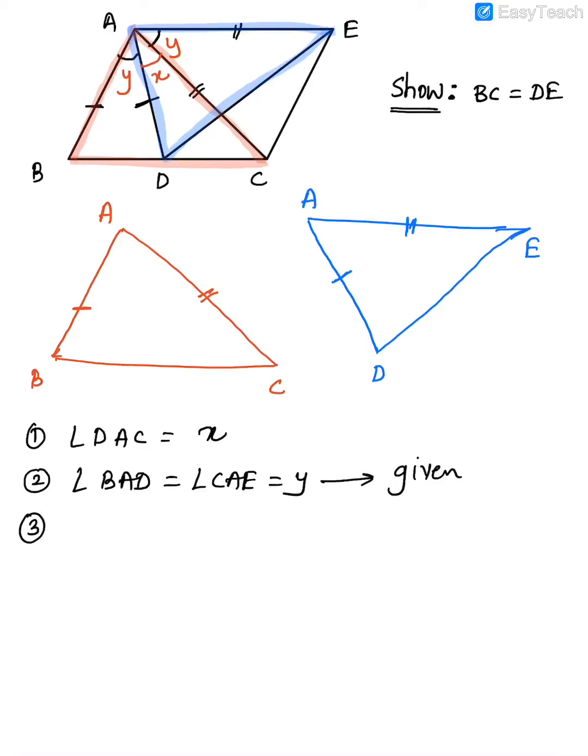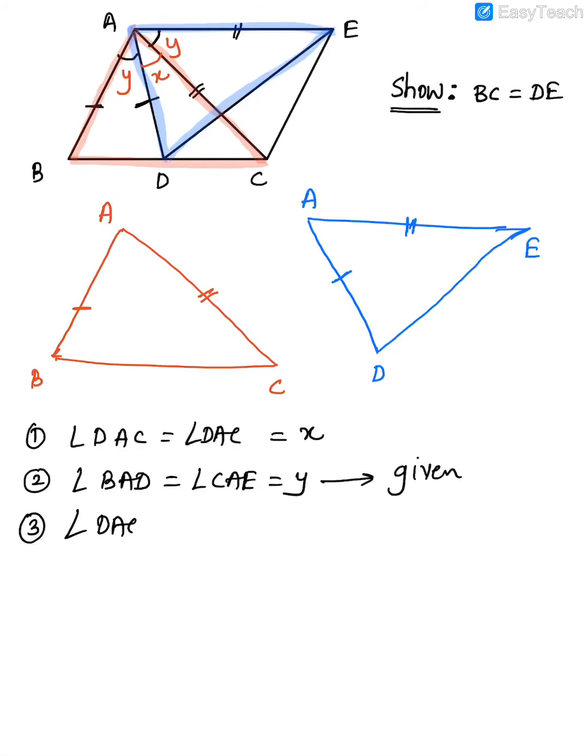Number 3, angle BAC. Check now, angle BAC. We'll do one thing now. We'll change the statement out here. Notice, I'll write angle DAC is equal to X. Now we'll add both of them.